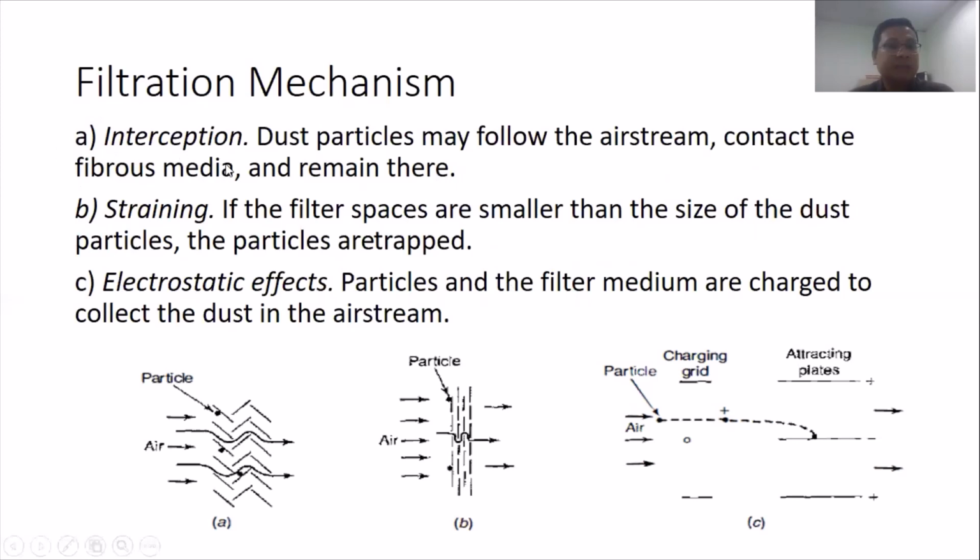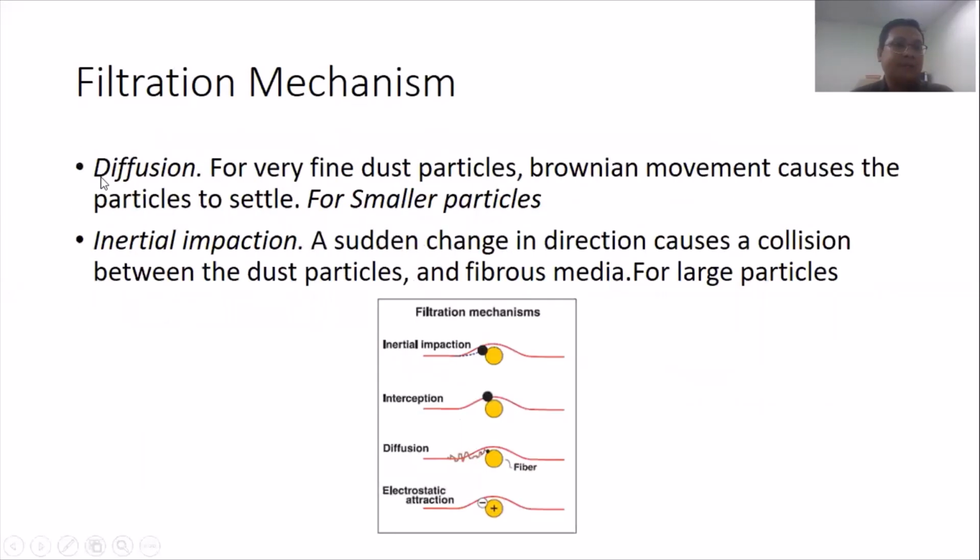The first one, interception: dust particles may follow the air stream. Straining: if the filter spaces are smaller than the size of the dust particle, the particle is trapped. The electrostatic effect: particles and filter medium are charged to collect the dust. So sometimes we can collect dust by electrostatic attraction. Then diffusion: Brownian movement causes the smaller particles to settle.